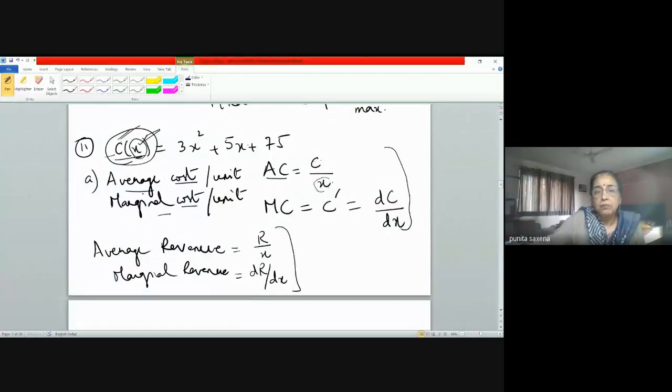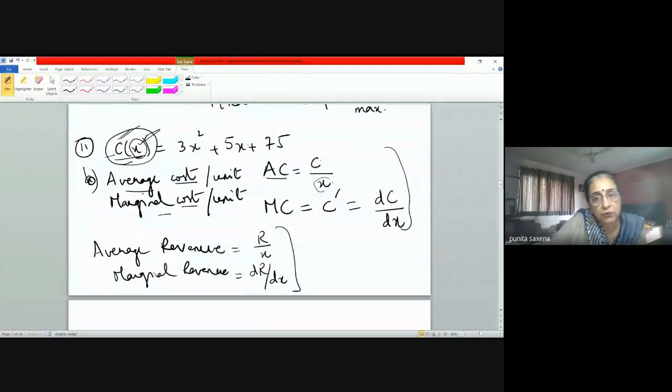Now the problem says at what level of production is the average cost per unit the smallest, and the B part was at what level of production is the average cost equal to the marginal cost. Sorry, this was the B part where they were to be equal.